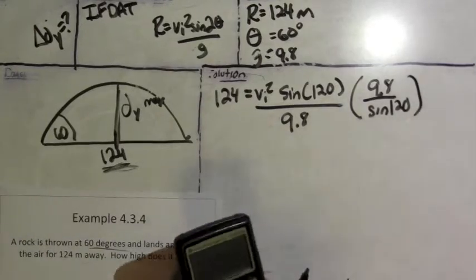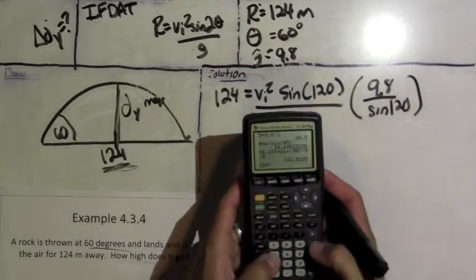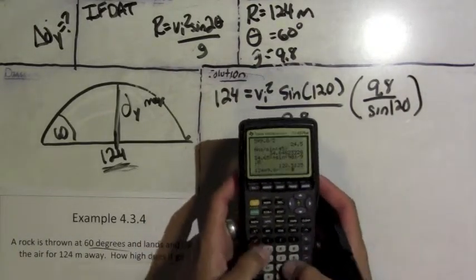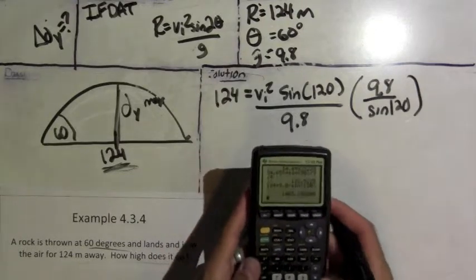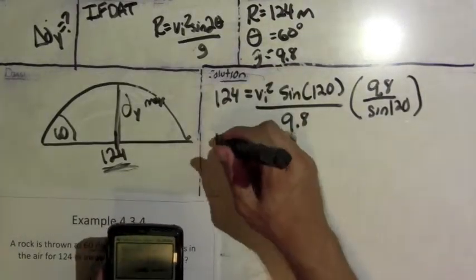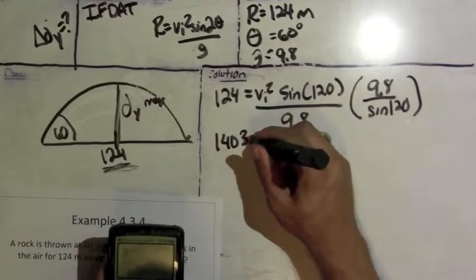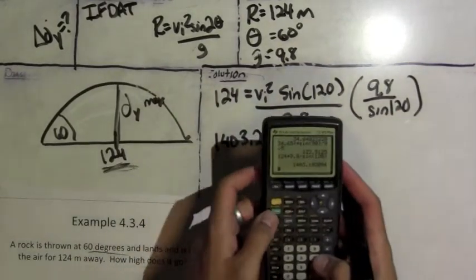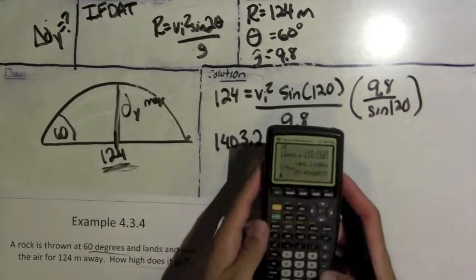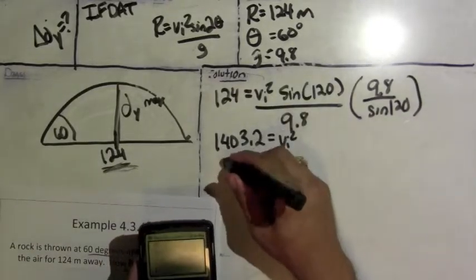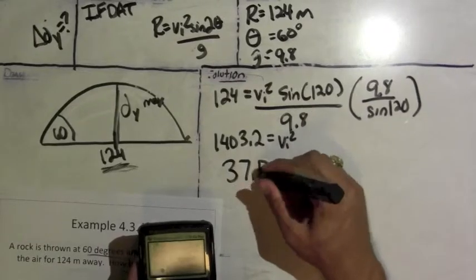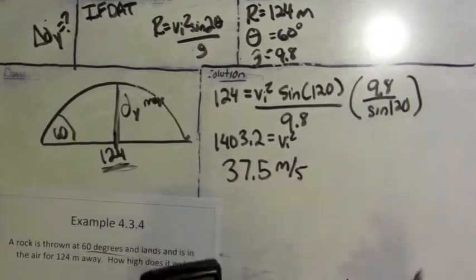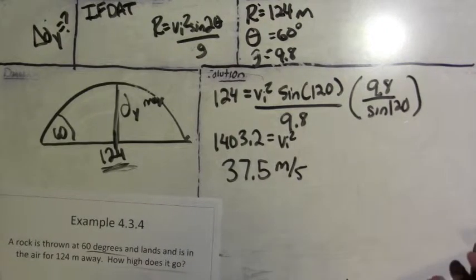And when you do that, you get 124 times 9.8 divided by the sine of 120. And you get 1403.2 equals vi squared. You got to remember to take the square root of both sides. And when you do that, you get 37, I'm just going to go ahead and round it and say 37.5 meters per second.